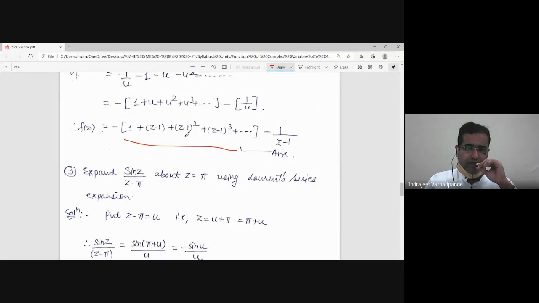So in the earlier examples, we have seen how for different regions we expand the given function. When expanding the given function for the given region, the series should converge. I told you in the earlier class also that a particular series converging means it should exist. For its existence, it should always be considered as less than 1.